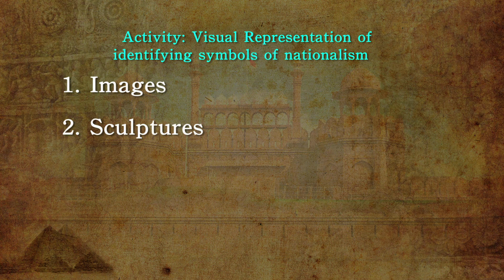Even today, there are a number of symbols in the form of images, sculptures, songs, flags, etc. that unite people and instill a sense of collective belonging. Students may identify such symbols and make a visual representation in the form of a poster. The poster may also contain symbols that are used today that unify people and instill a sense of nationalism.